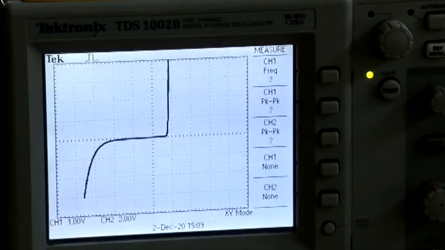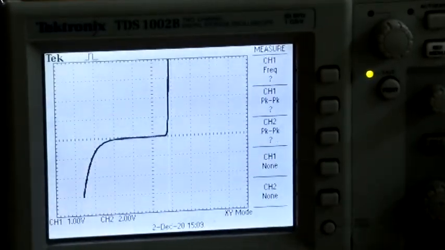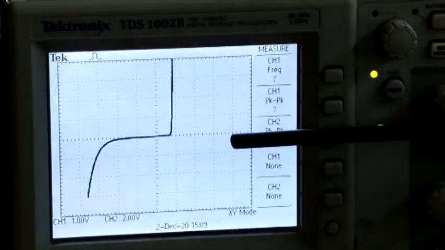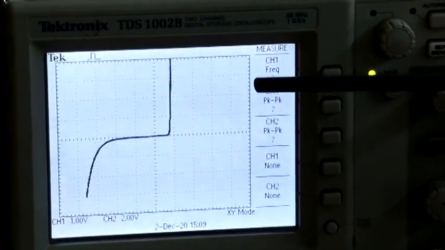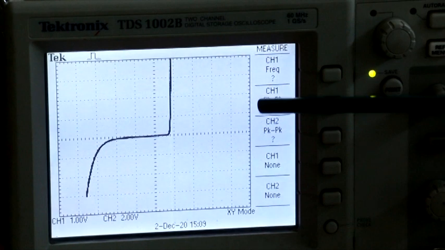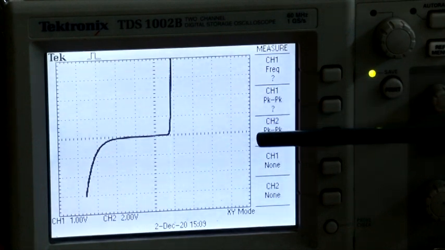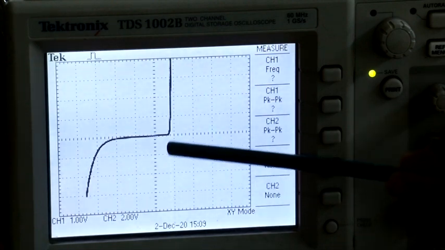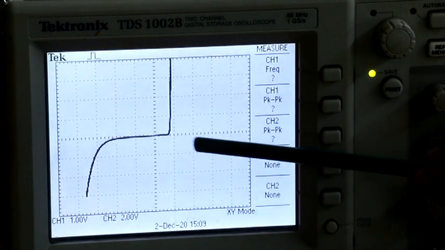On the DSO, what we have given is a triangular wave which is 20 volt peak to peak. The positive peak will be plus 10 volt, and the negative peak will be minus 10 volt. What you see here on the x-axis is the voltage.